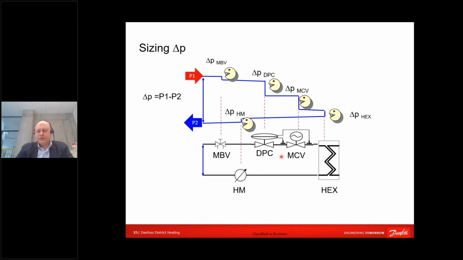We were sizing flow or water quantity based on 100% heating, 100% ventilation, and 70 parts of domestic hot water. That's one scenario. Another scenario was that we were sizing differential pressure controller valve size based on the largest flow which might happen, meaning if domestic hot water flow during summertime will be larger, we will pick up that water flow.